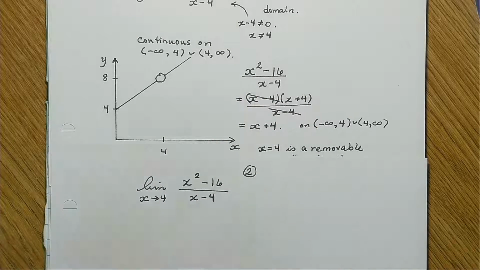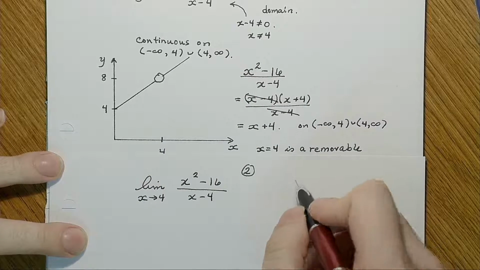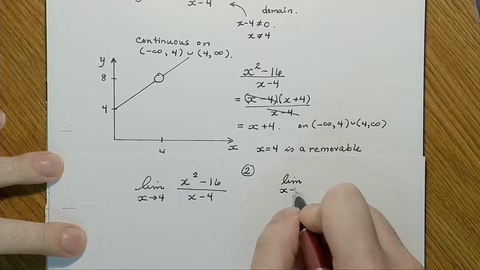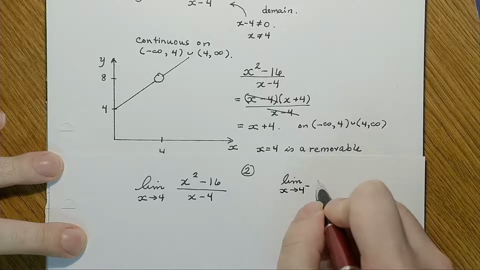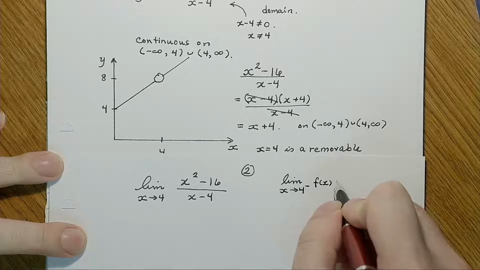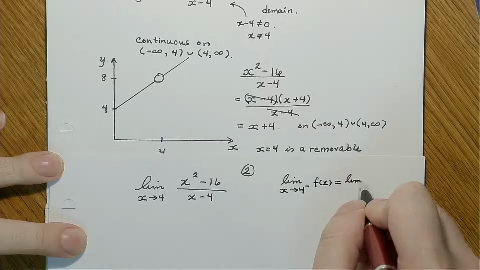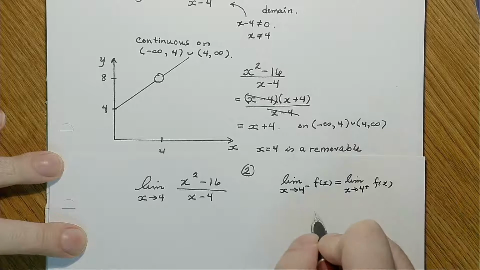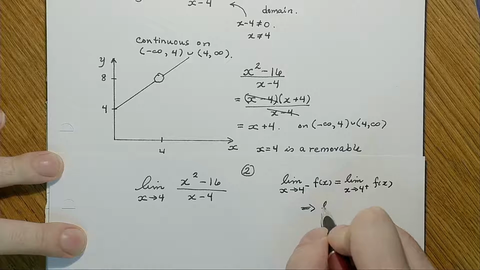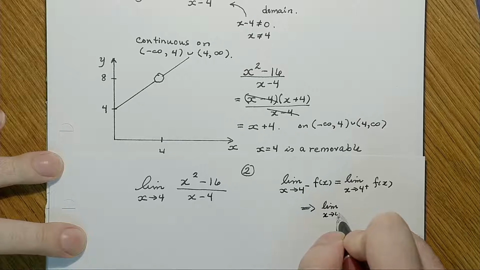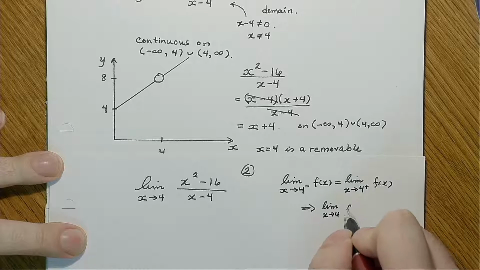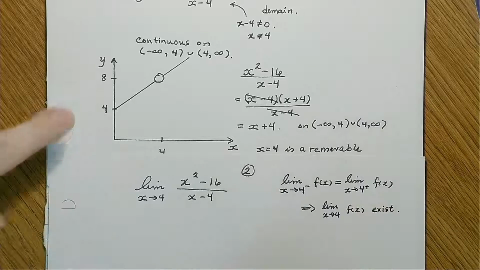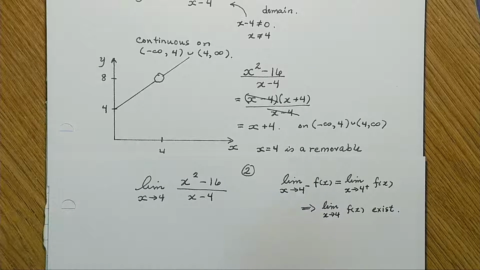Again, the limit going to 4 from the left-hand side is equal to the limit on the right-hand side. And so this implies that the limit as x goes to 4 of the function has to exist. So that's just based on our graph.